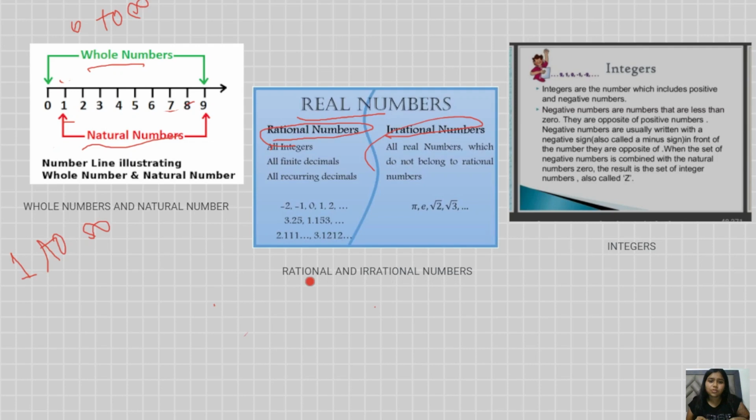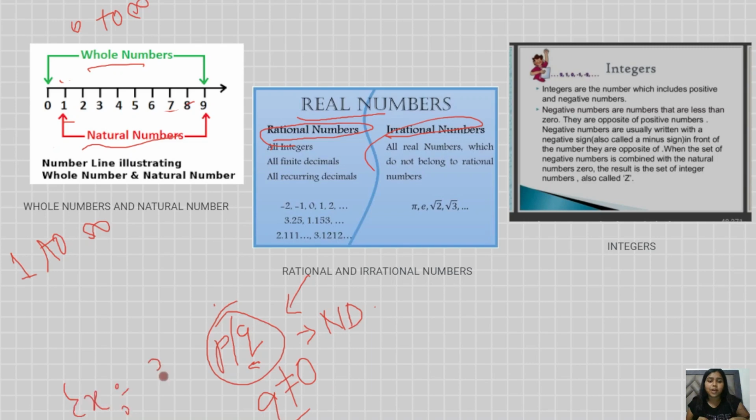So guys, what are rational numbers? Rational numbers are the numbers which exist in p by q form, but q can never be equal to 0, because if the denominator is equal to 0, then the number is not defined. That is why q can never be equal to 0. Examples of rational numbers include 3 by 2, 5 by 2, minus 2 by 1.